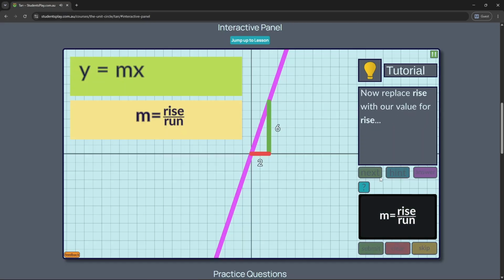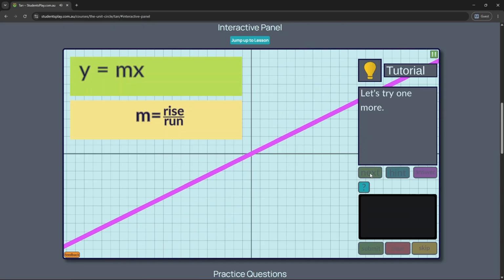Now replace rise with our value for rise. Okay, we've got 6 for the rise. Replace run with our value for run, which was 2. And then simplify the fraction, so 6 divided by 2, which is just 3. Nice, so the gradient of this line is 3. So the equation would look like y equals 3x.